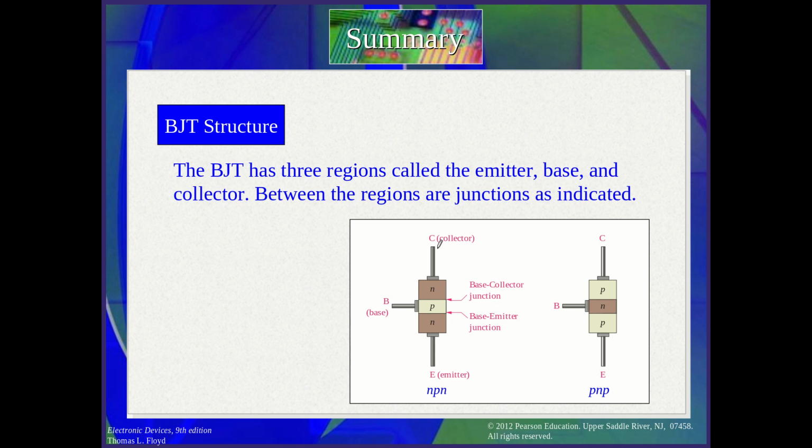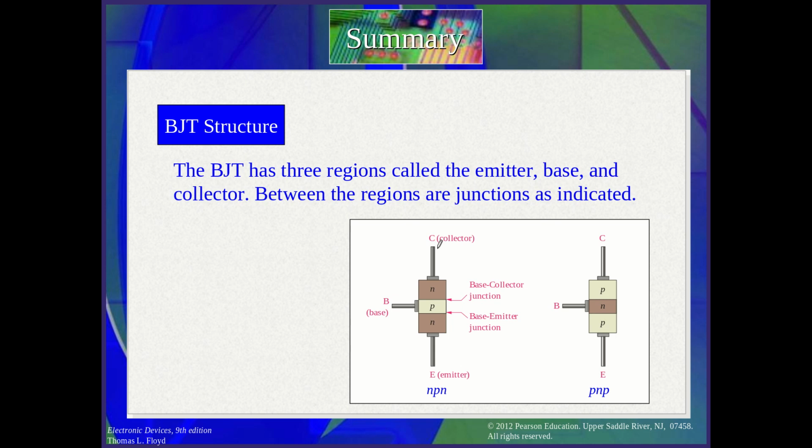So in an NPN bipolar junction transistor, this is N, this is P, this is N. I connect two external DC power supplies here and here, connected this way, so we have the base-emitter forward biased and the base-collector reverse biased.